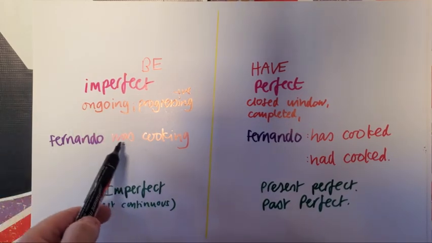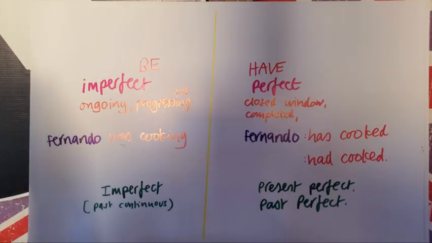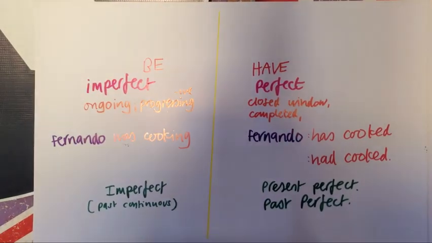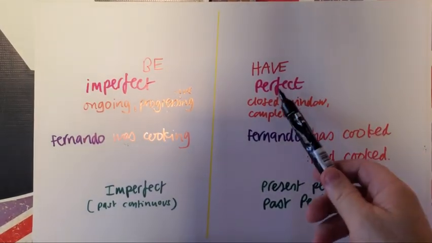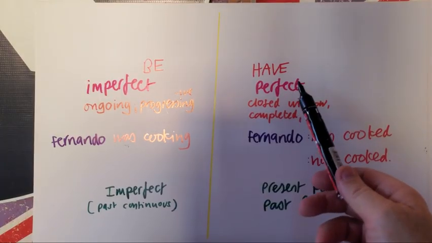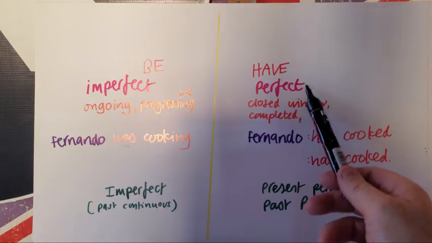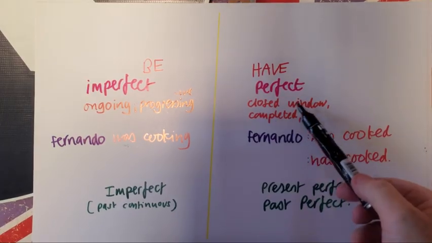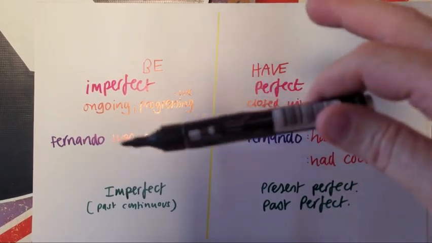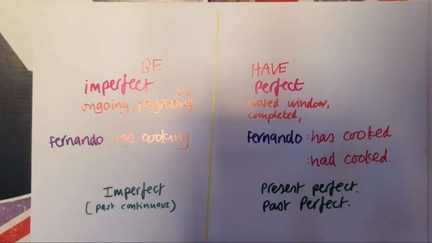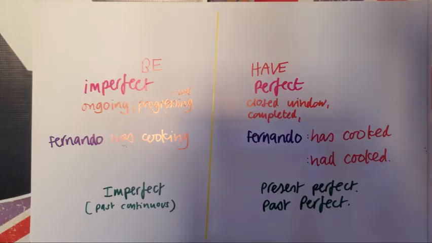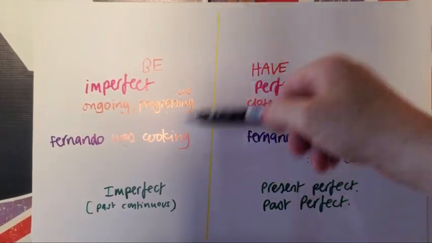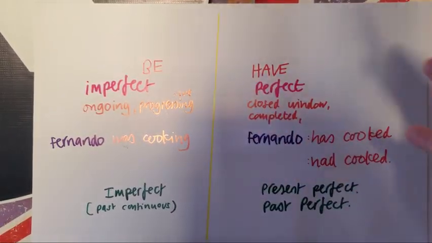Perfect means past. When you say perfect, it's a funny, simple word, but very deceptive. It's a closed window, a completed action. The imperfect was ongoing and remained ongoing: Fernando was cooking, and so on.